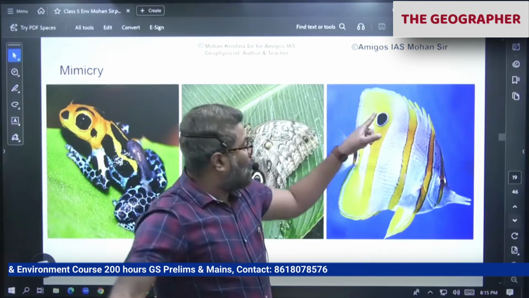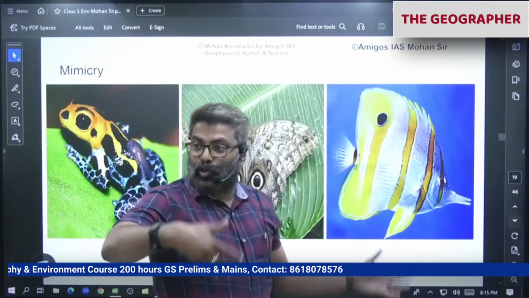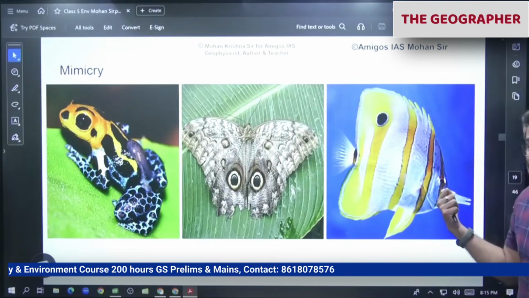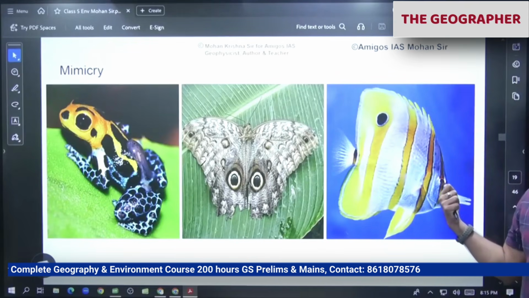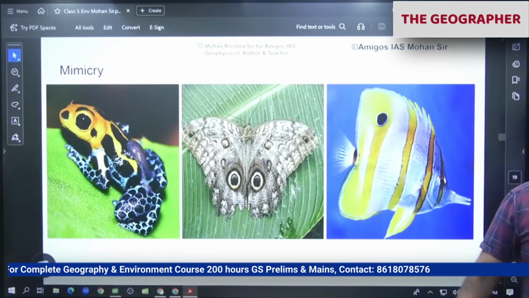Other species think, okay, this big guy might be dangerous. The actual eye of the animal is here. These are all kinds of mimicry they do to save themselves from predation.